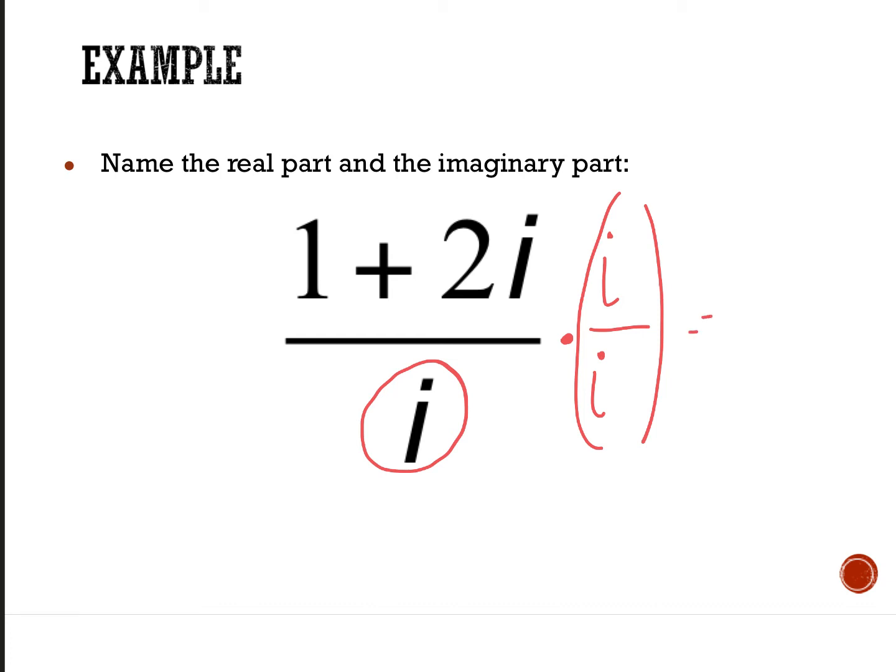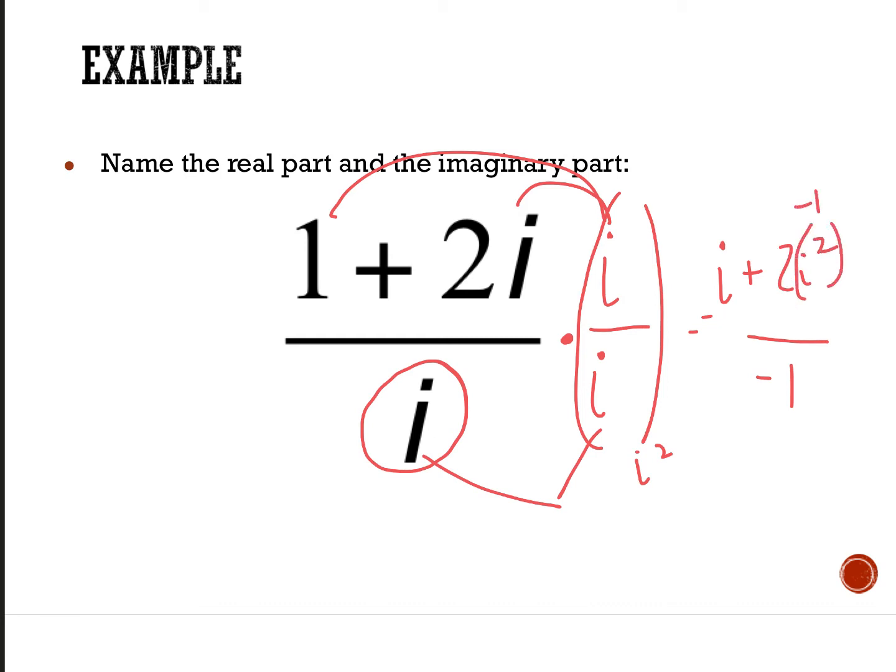So on the bottom, when I get i times i, right, i squared, that is -1. i squared is -1. And when you distribute here, we get i plus 2i squared. Okay, now keep in mind, i squared is actually -1. So now what I have is i minus 2 over -1.